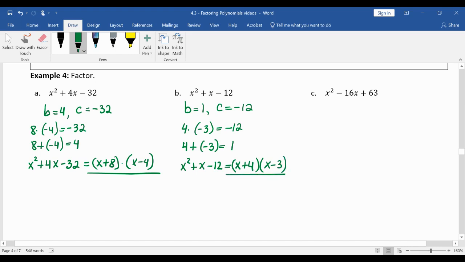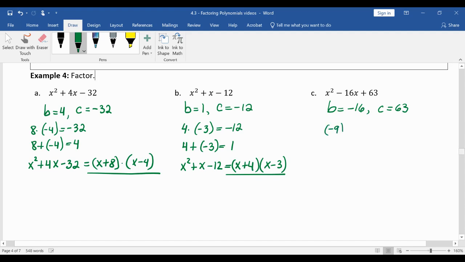The last example, we have x squared minus 16x plus 63. b equals negative 16, c equals 63. Let's find two numbers that when we multiply we get 63, and when we add we get negative 16. Since the sum is negative, that means the two numbers have to be negative.